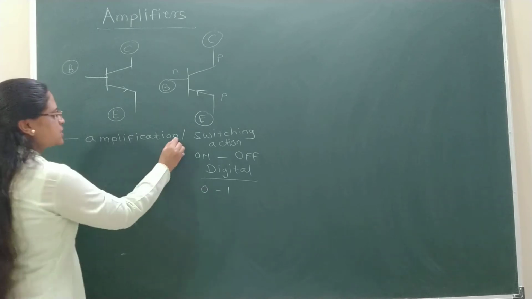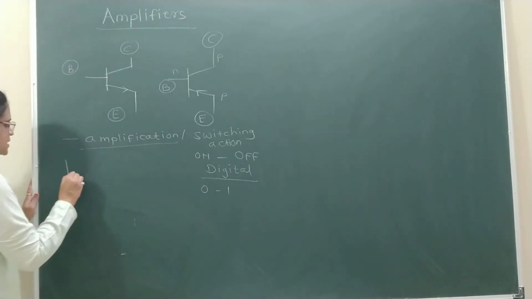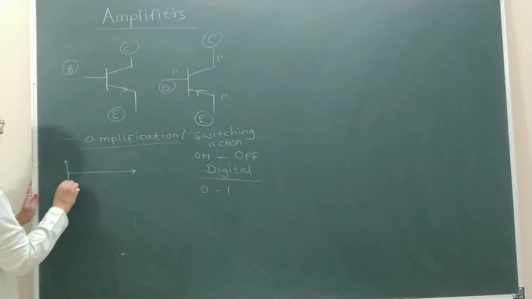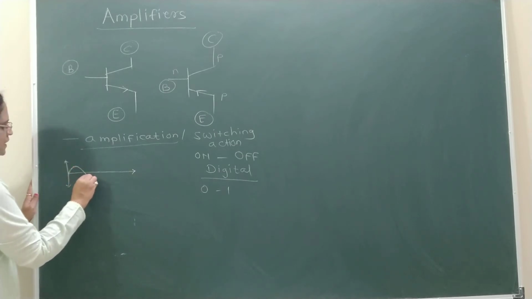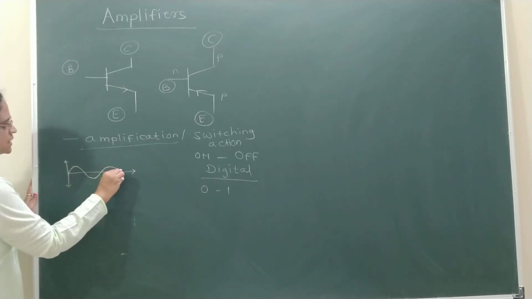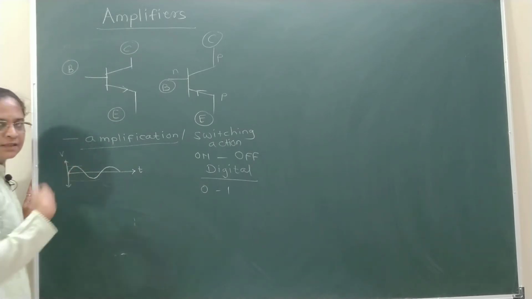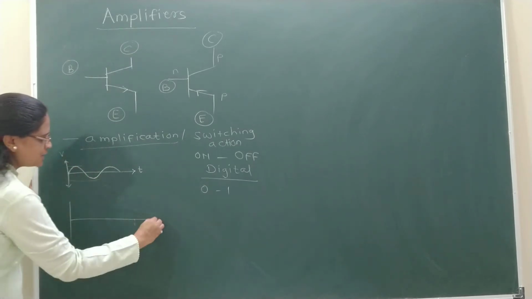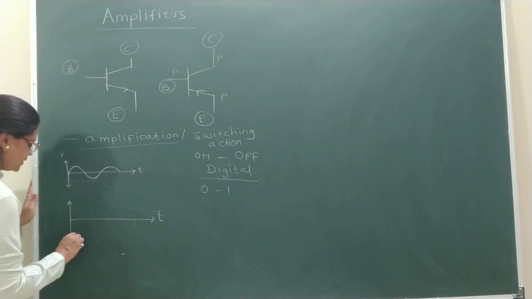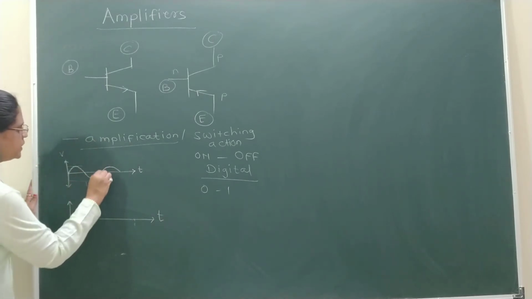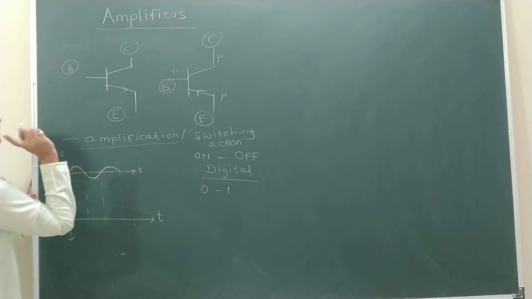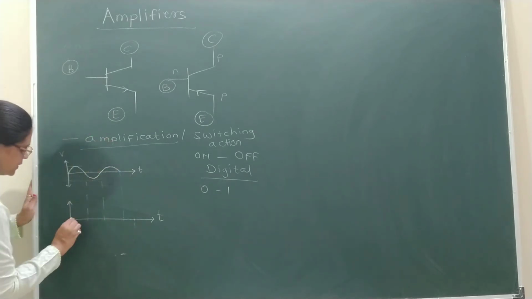Here it is amplification. It means whatever signal is given to this circuit as an input signal, the input signal's voltage is very small. Then the transistorized circuit has to increase the strength of this weak signal, and that is nothing but amplification.